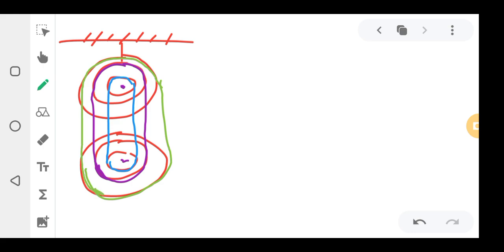Like that, and then it is lifting something that is very heavy. This is like a box, and this box is weighing 4,500 newtons, for example.